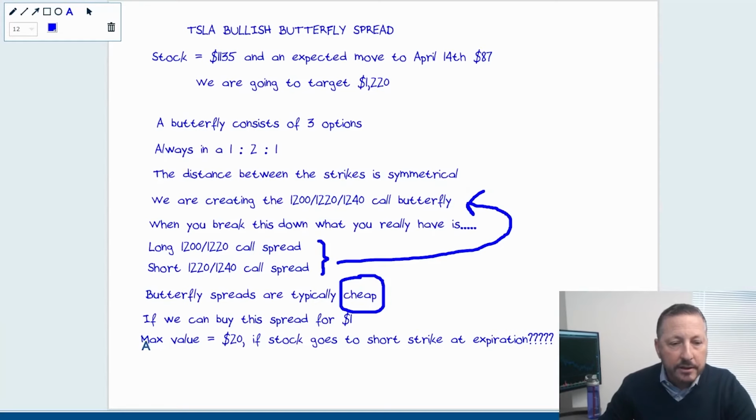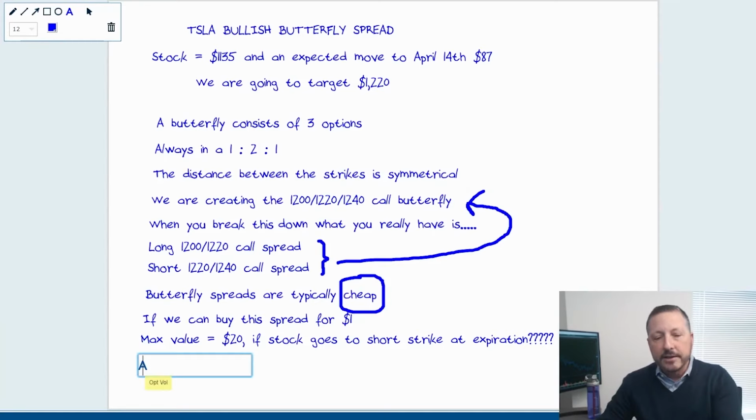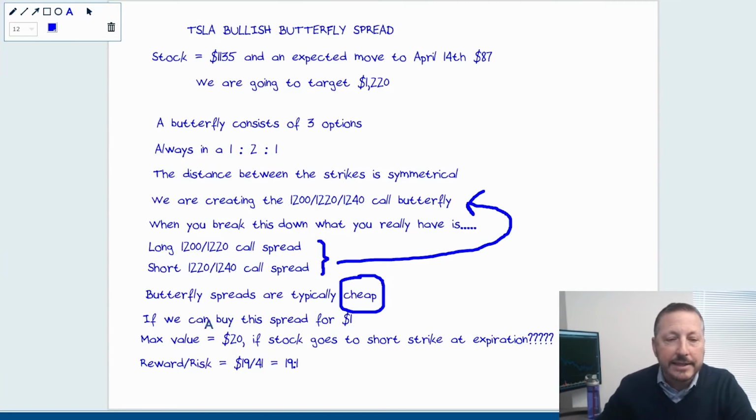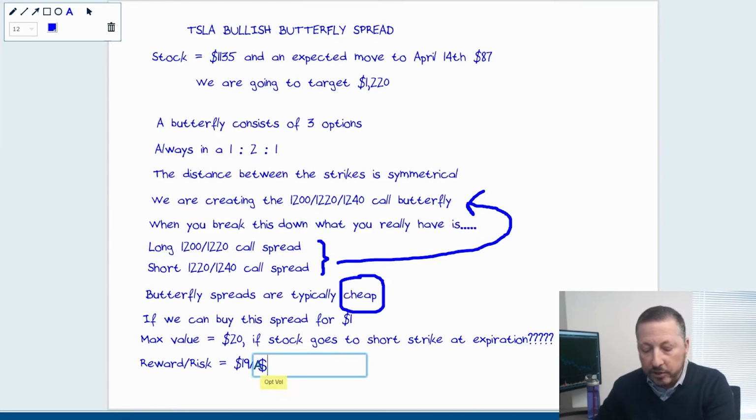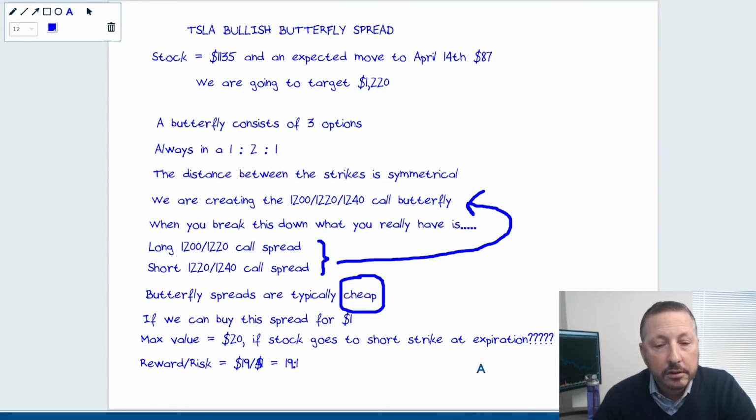So from an expensive or cheap standpoint, our reward to risk is 19 over 1, or 19 to 1. Does everybody see how that is 19 to 1? Because if it is worth $20 at expiration, we can make 19.